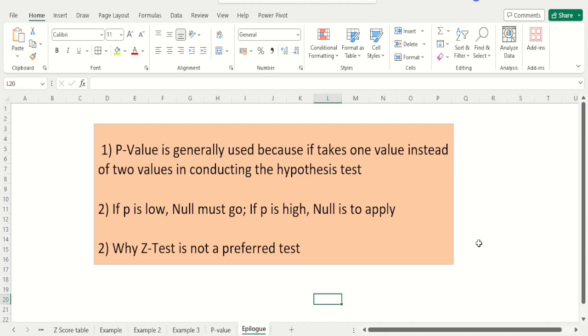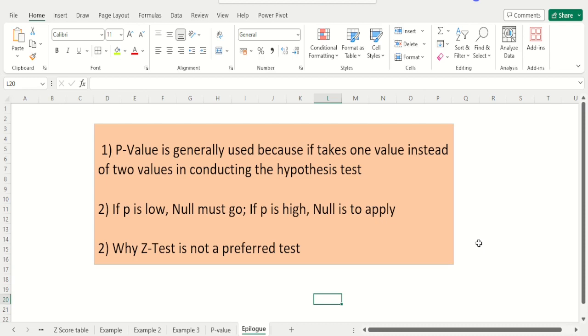It's great to learn the concept in a simplified way. Industrially speaking, what you will apply is not the z-test. What you're going to apply is something known as a t-test or a t-distribution test, also known as student distribution. And we will cover that in another video of ours in the future, because the t-test is one of the most common tests that you will see within hypothesis testing.